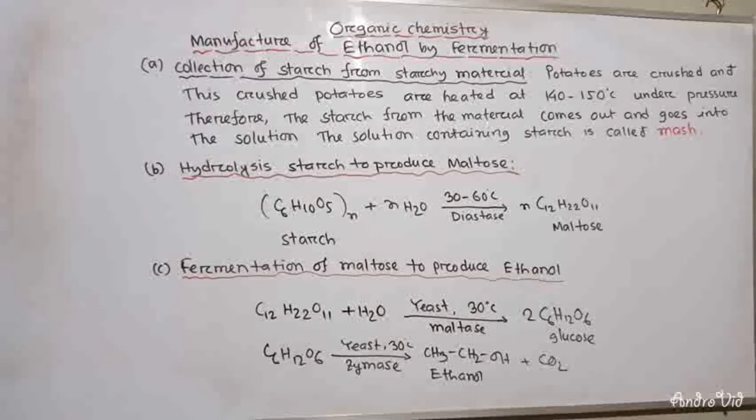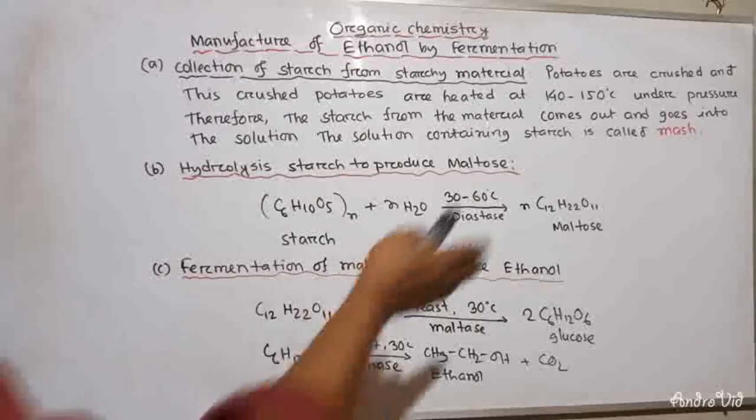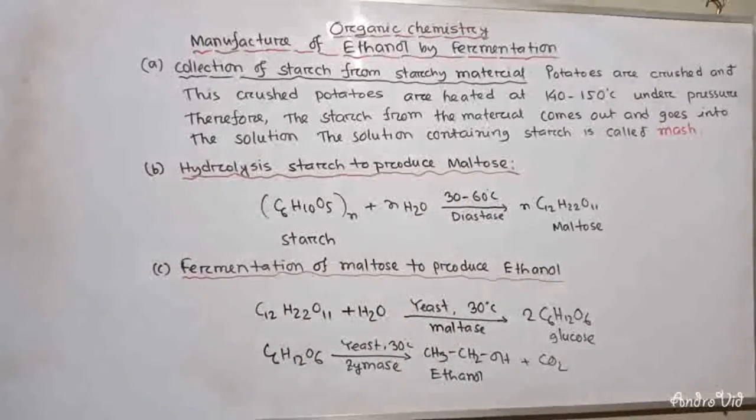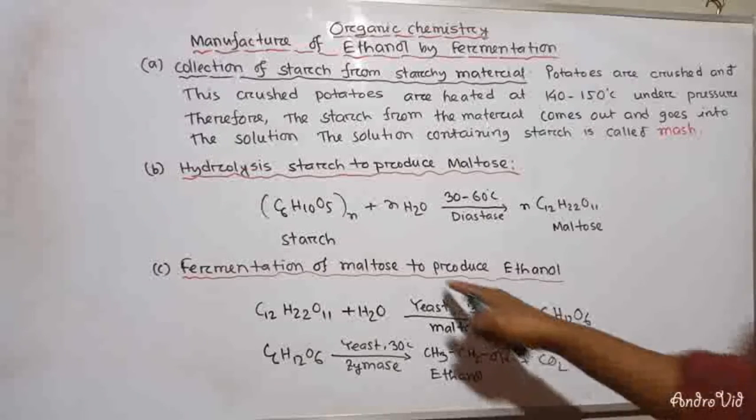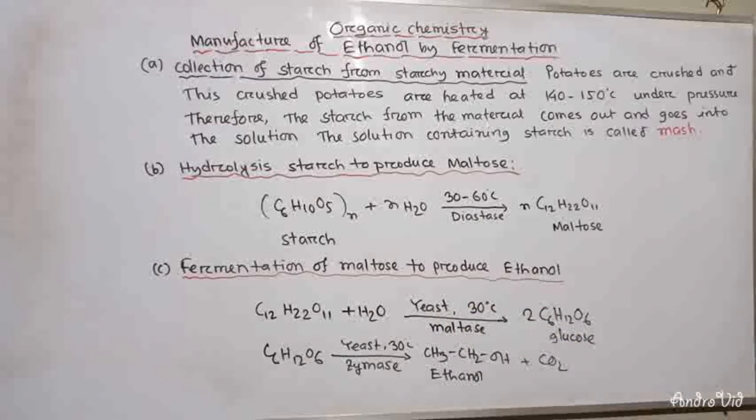And this is the last step. After you have got maltose, the last process is fermentation of maltose to produce ethanol. Then you have to add yeast. Yeast has the capability to supply the maltase enzyme.